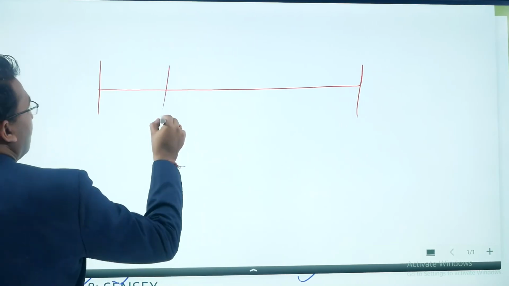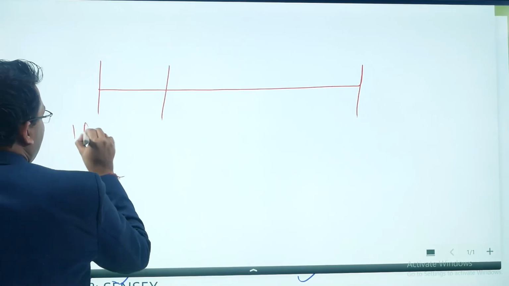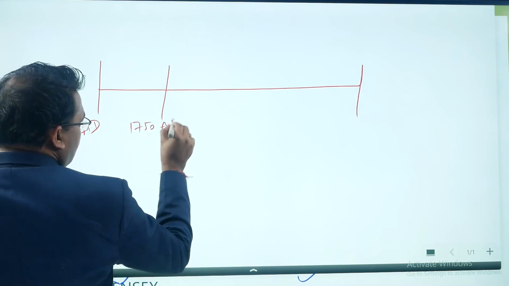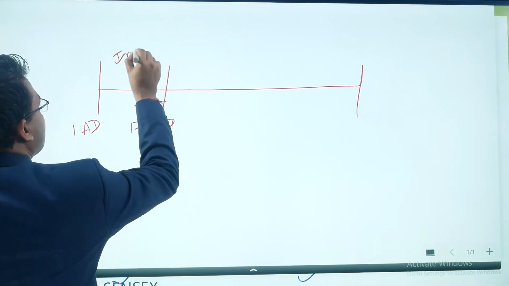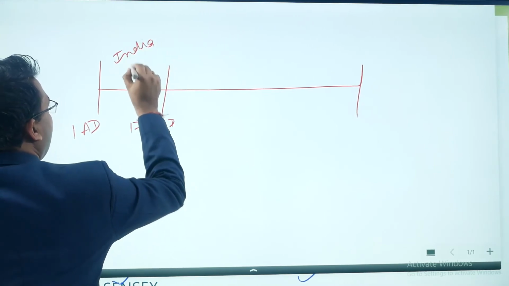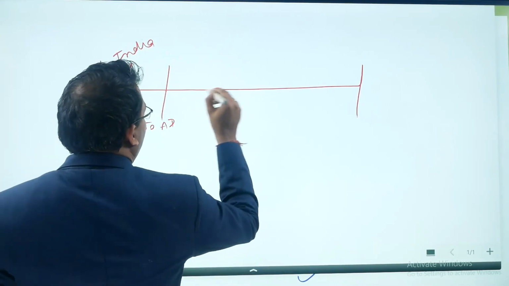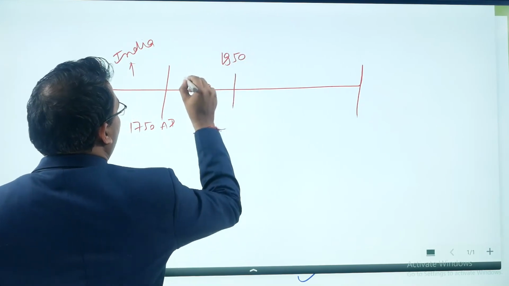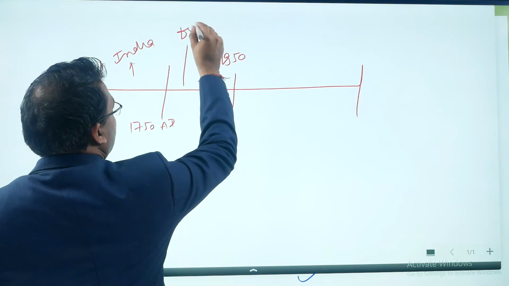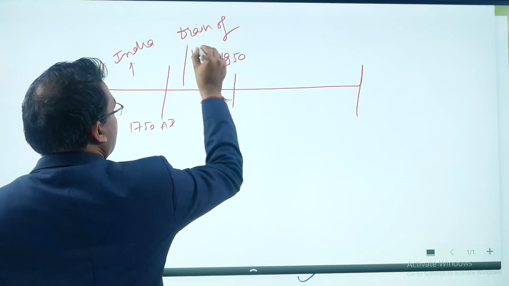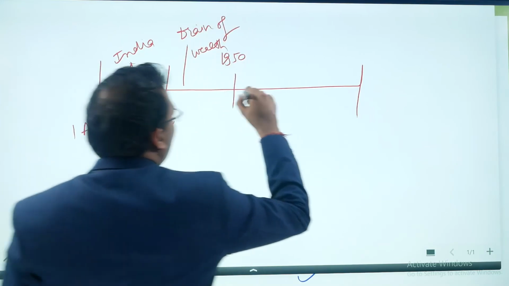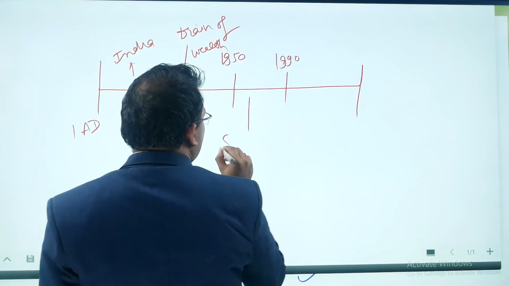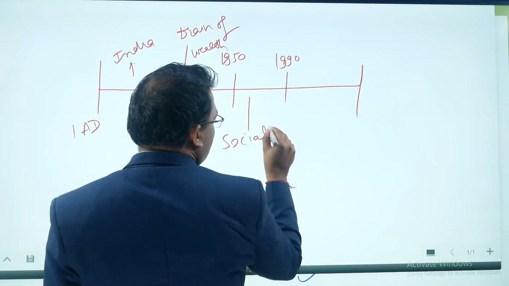You can see from 1st AD to almost 1715 AD, India's contribution was very, very high. After 1750 till 1950, there was a drain of wealth by the Britishers. From 1950 till 1990, we followed the socialist model.